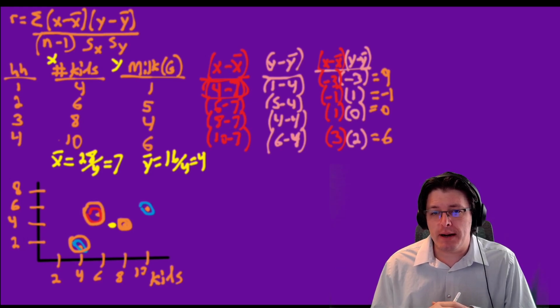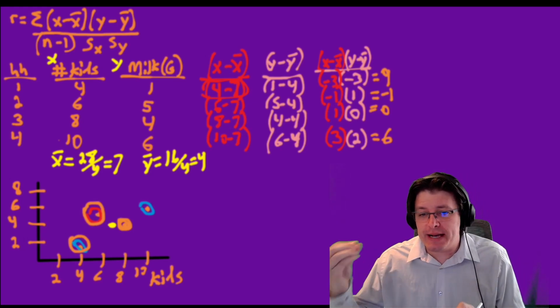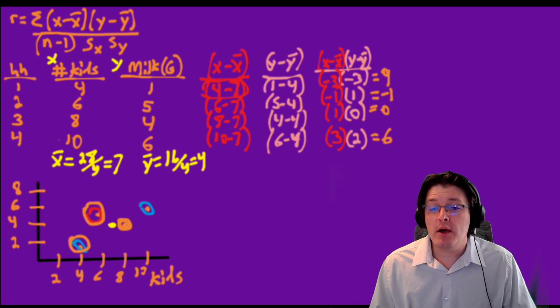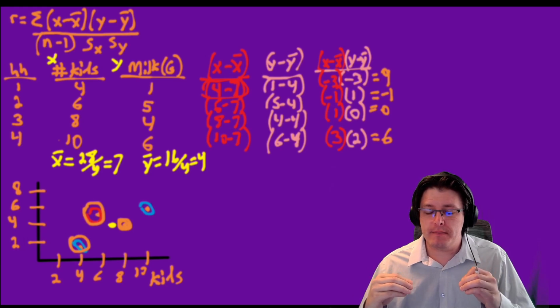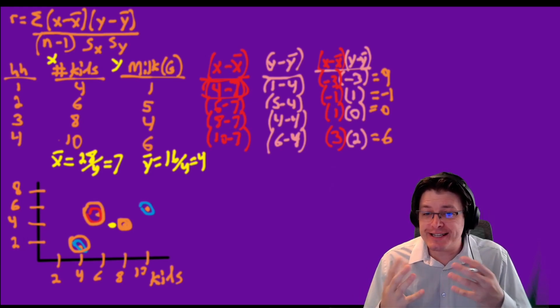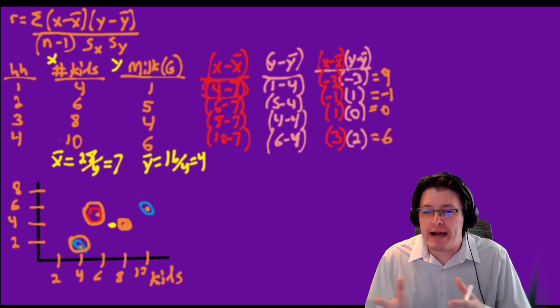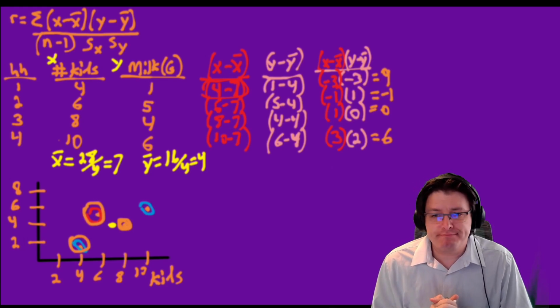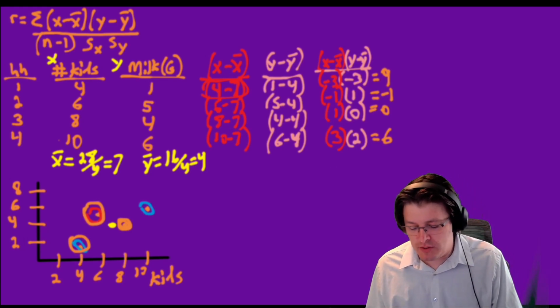And so that adds nothing to our calculation. It doesn't work towards a positive or a negative relationship. What it is going to do is dampen our end result, because this is going to count in our n minus 1. It's going to add to what we divide in the denominator, but it's not adding either positive or negative to the sum.